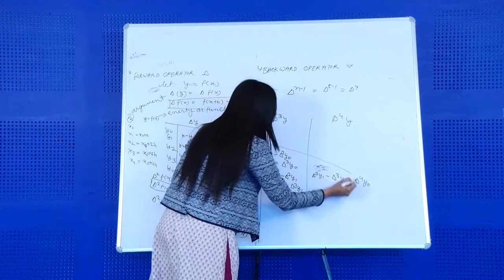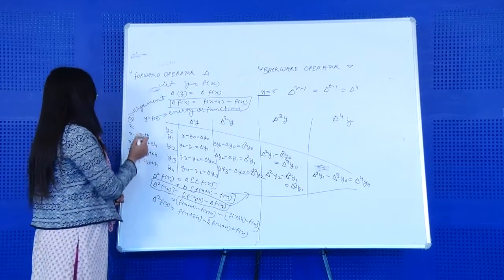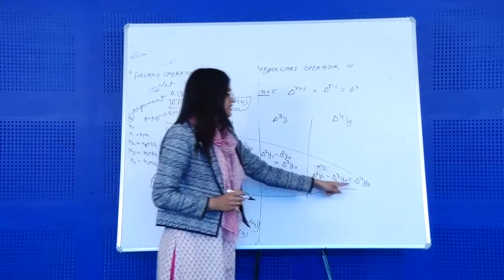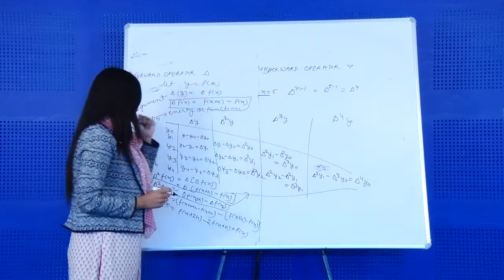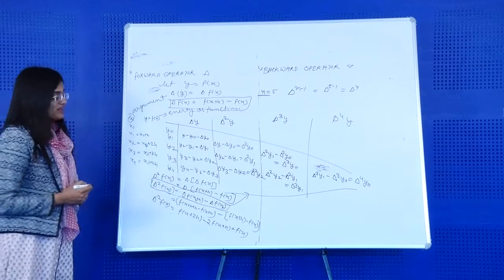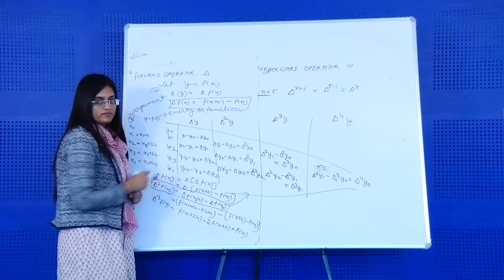So here, for the forward difference operator, I start with the y0 value till I get the delta raised to power 4 of y0. So this is your forward operator table, and this table is known as a forward difference table.